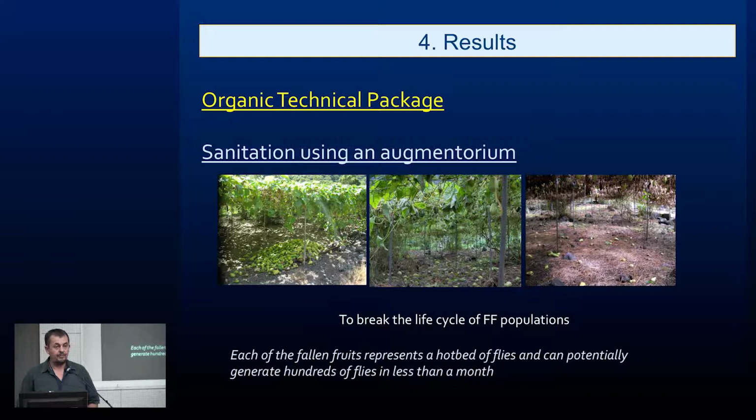Then a preventive measure, what we can call sanitation, using a technique called augmentorium. The aim is to break the life cycle of the fruit flies populations, because, as I said before, each of the fallen fruit represents a lot of flies that can potentially infest the crop with the next generation.